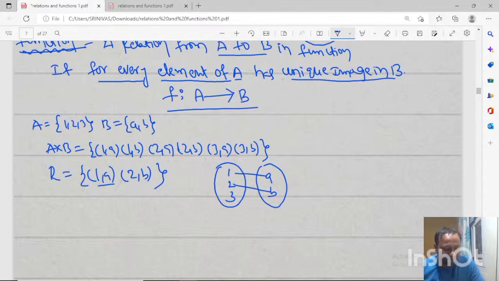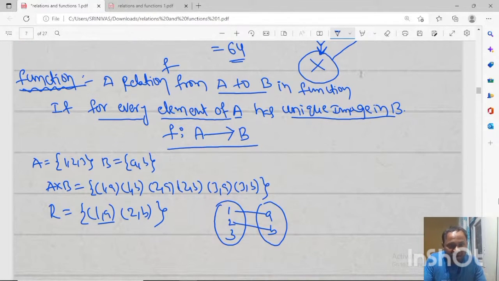No, because according to the definition, for every element of A, here 1, 2, 3, every element of A means here 3 is not used. That's why the condition failed and it is not a function.